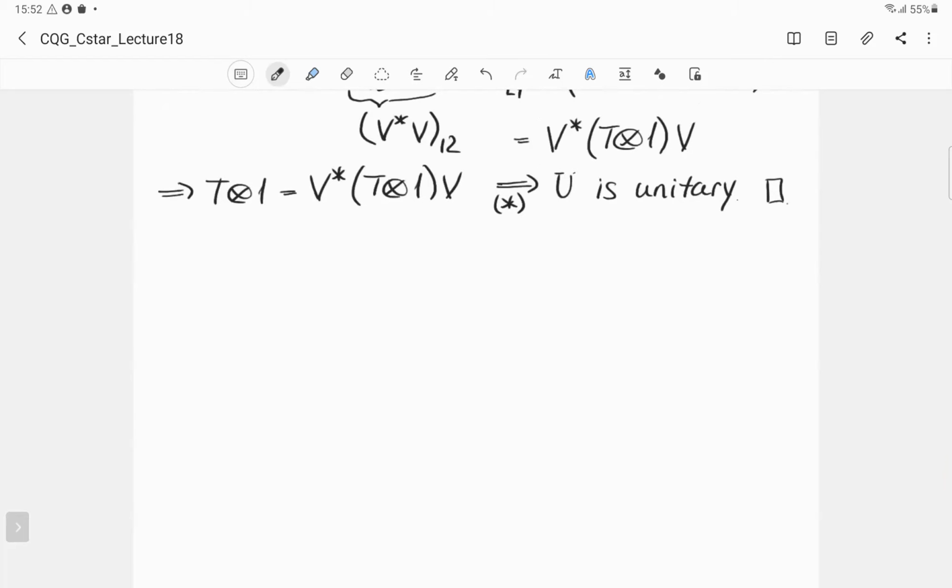It's interesting to compare this proof with the proof of the respective classical result about representations of compact groups. So a little remark.